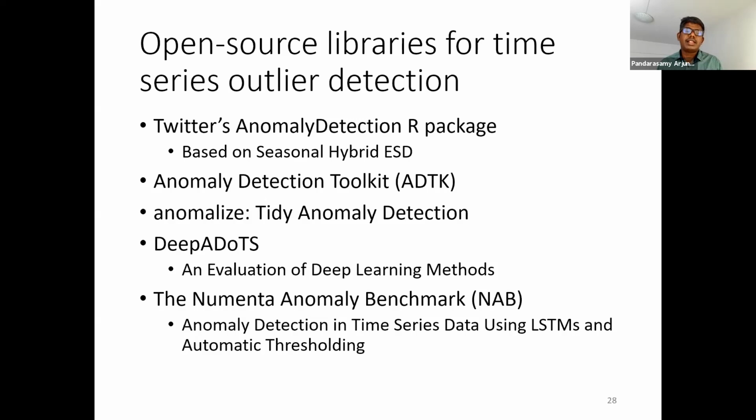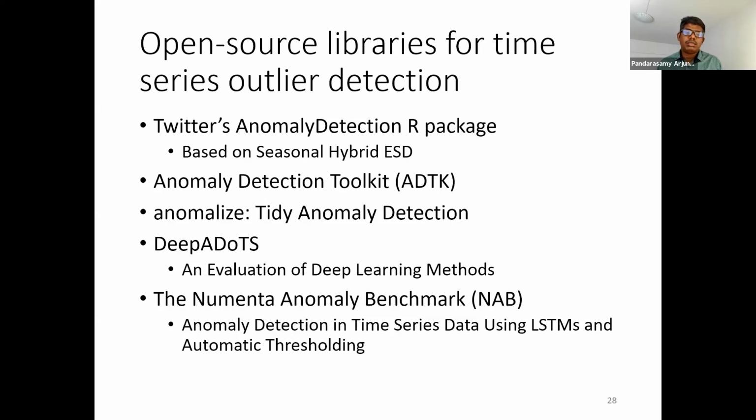And there is a benchmark called DeepADTOs, which is an evaluation and comparison of different deep learning methods. They compare the performance of several deep learning based methods like auto-encoders, LSTM, and RNN networks, and present a comparison benchmark using standard data sets for anomaly detection.